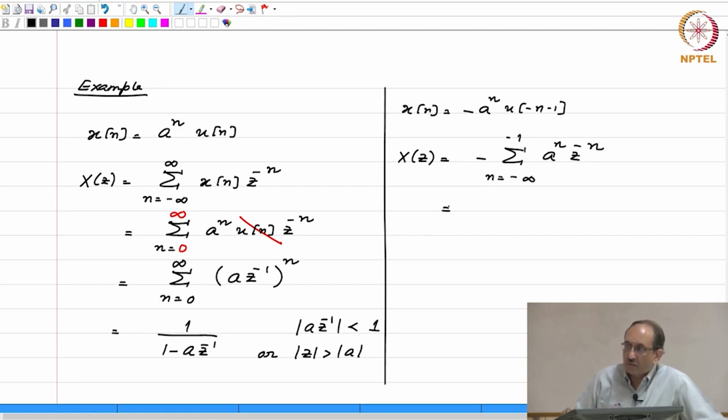If you simplify it, what will be the answer? You can now make a change of variable, l equal to minus n. The only difference of course is the condition under which this is valid turns out to be now mod z less than mod a.